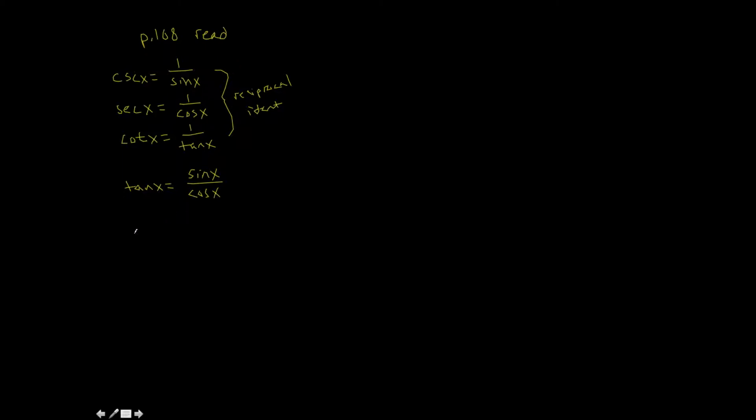The other identities: the sine of negative x is the same thing as the negative sine of x. The cosine of negative x is the same thing as the cosine of x.